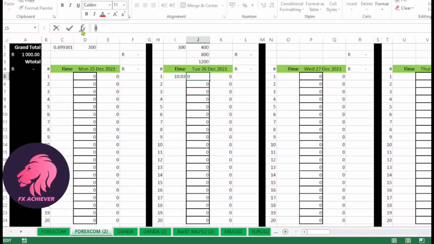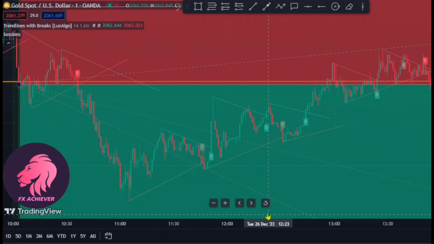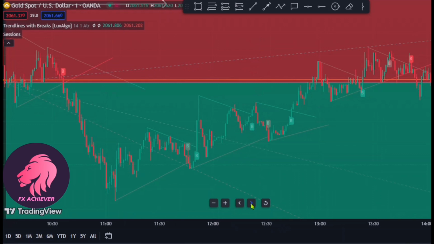My TP1 for this, I can say it was $60, and then I have to wait and see if I'm going to reach my TP2.